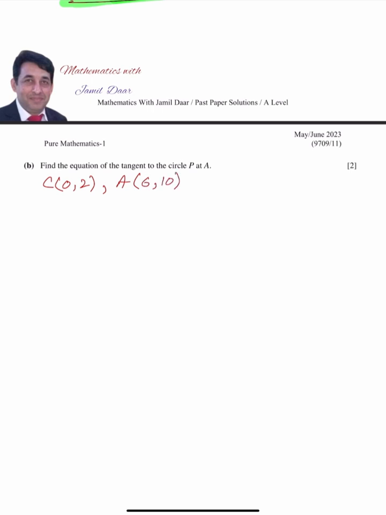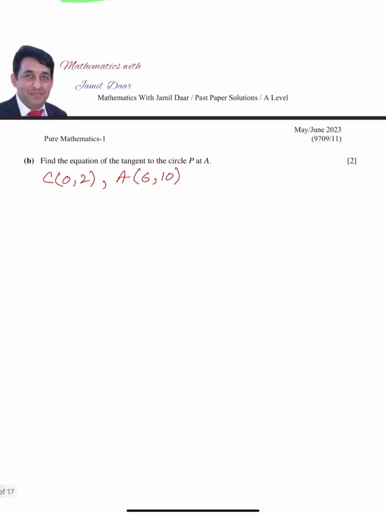So the gradient of the radius is 10 minus 2 over 6 minus 0, that's 8 over 6, which is 4 over 3.